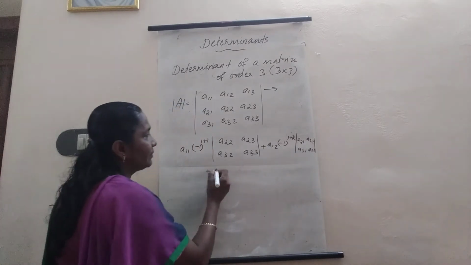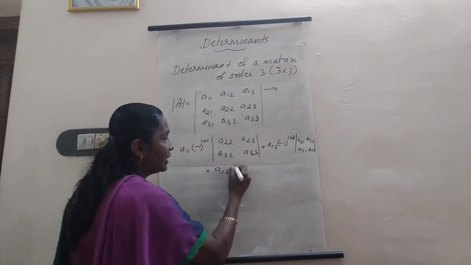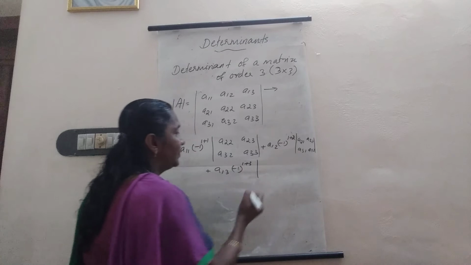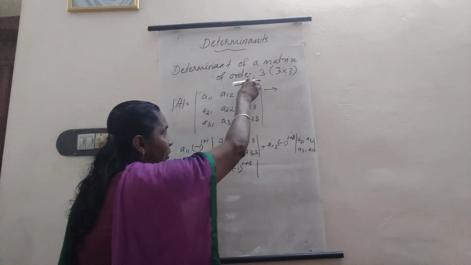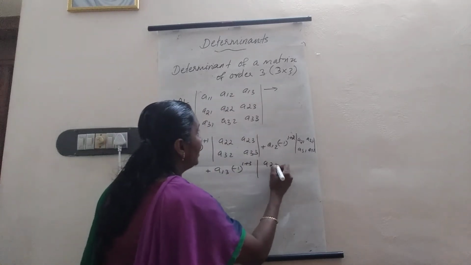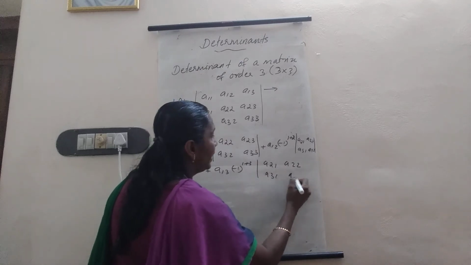Plus, the third element is A13. Then minus 1 raised to 1 plus 3. Then delete the row and column containing this element, and the remaining are A21, A22, A31, A32.